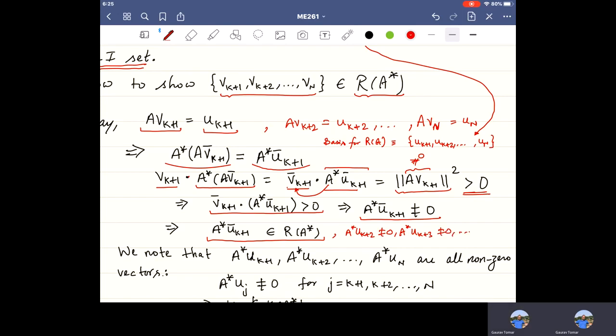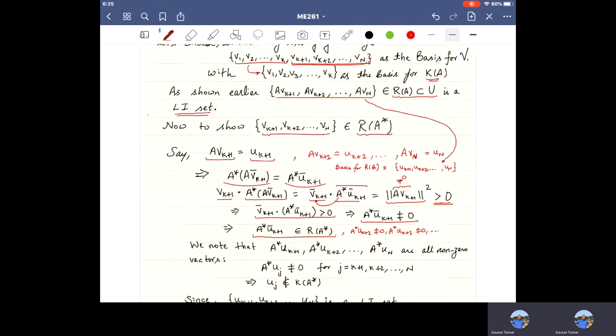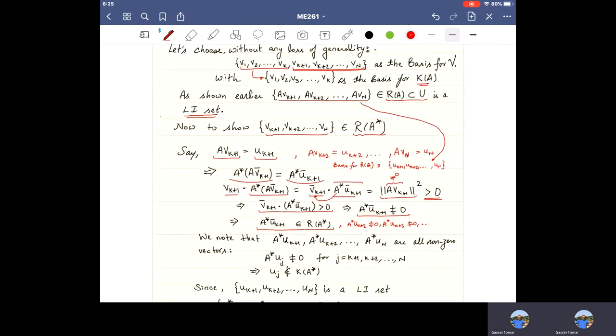Now, using the same concepts that we had used earlier to show that A v_{k+1} to A v_n are linearly independent, using the same approach, we can say that A star u_{k+1} to A star u_n are all non-zero and they do not belong to null space of A star because none of them are getting mapped to 0.